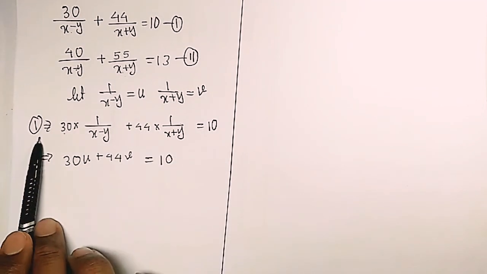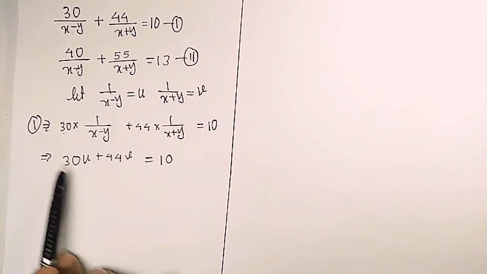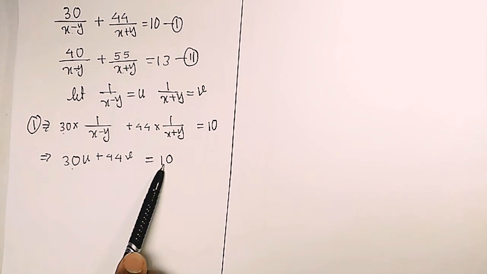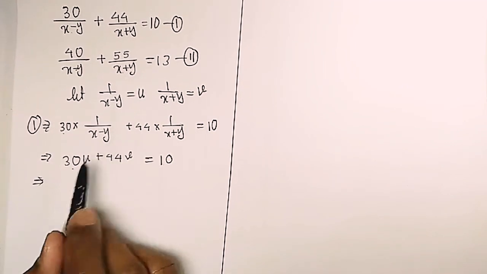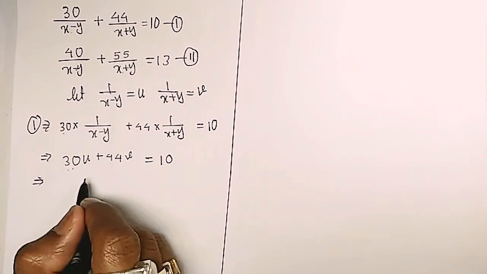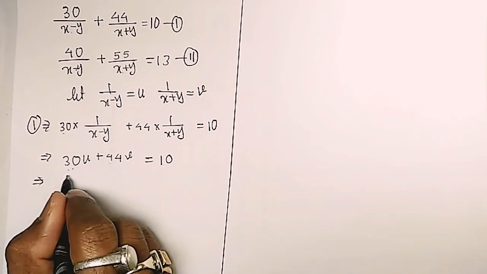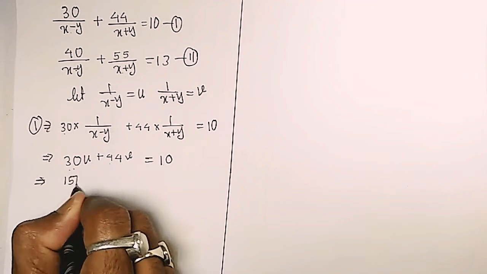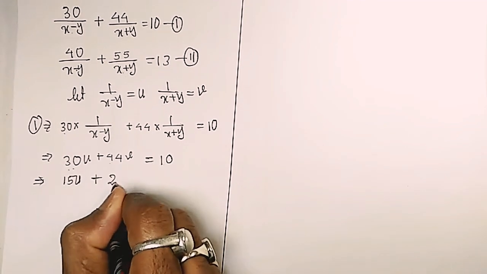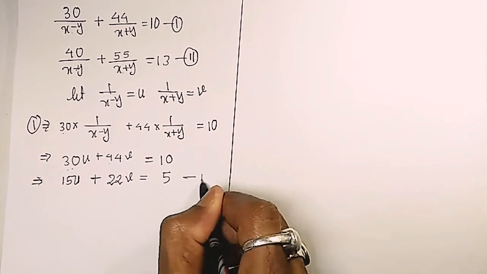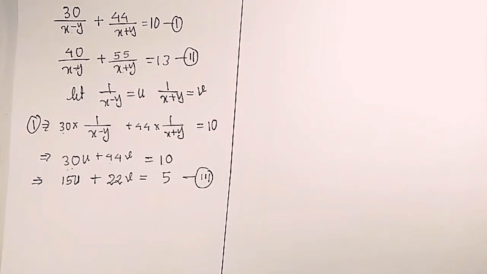That means equation 1 becomes 30u plus 44v equals 10. Now each term is divisible by 2, so you can write it in the simplest form. So it's 15u plus 22v equals 5. Give it equation 3. 15u plus 22v equals 5, equation 3.